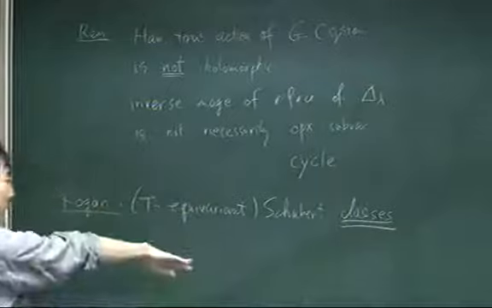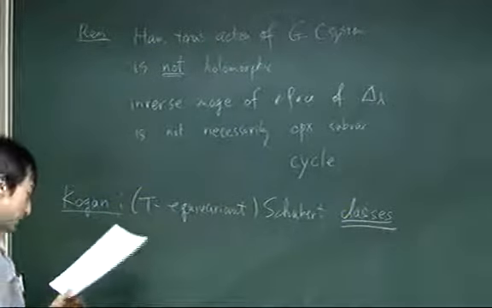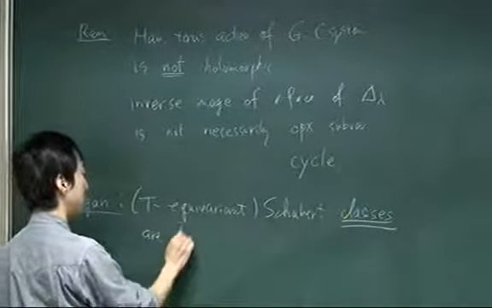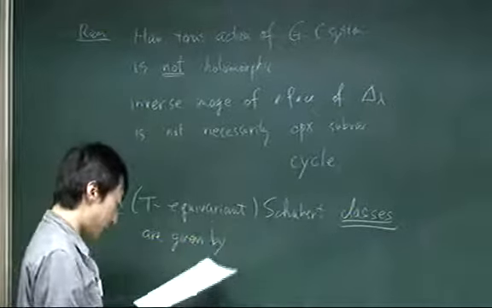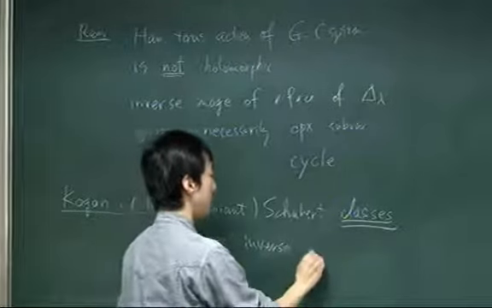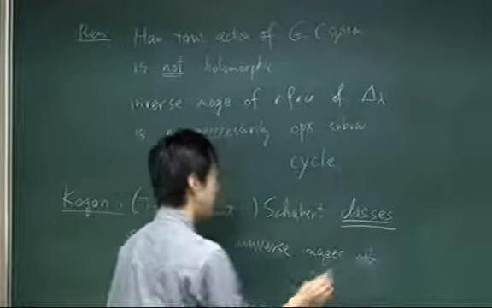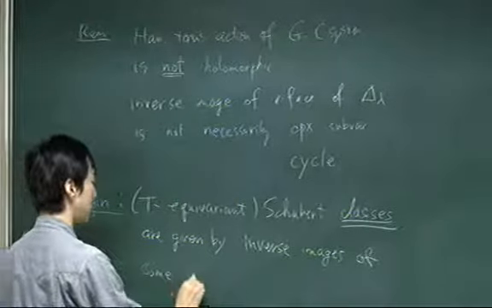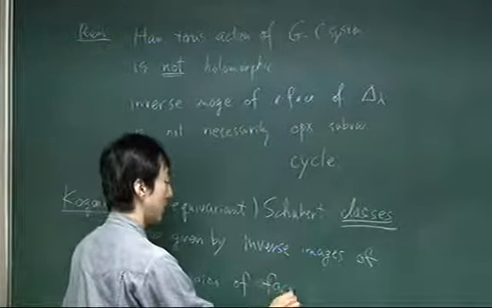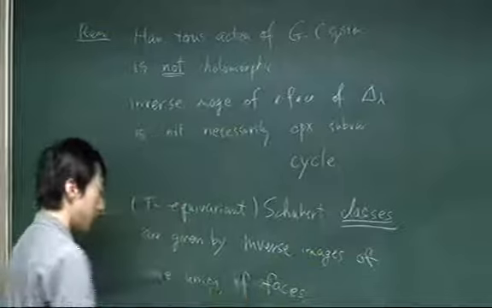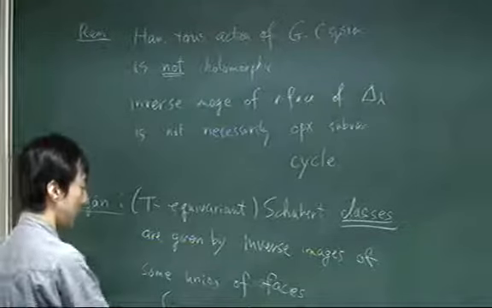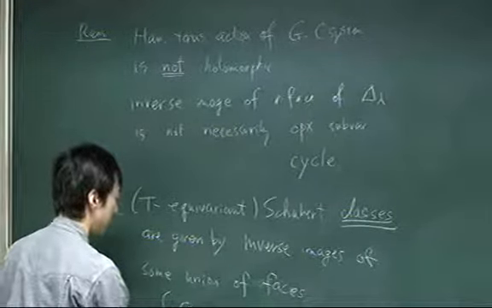This is not a variety, just a class, given by inverse images of some union of faces. This is described combinatorially.